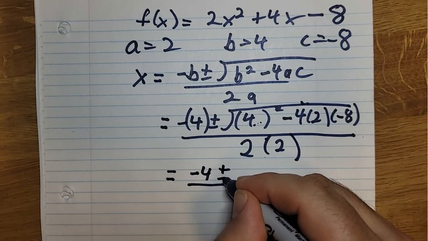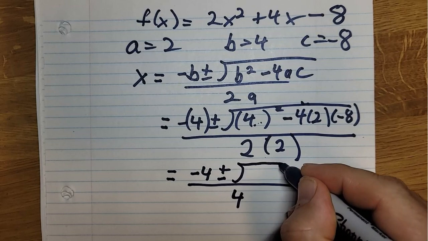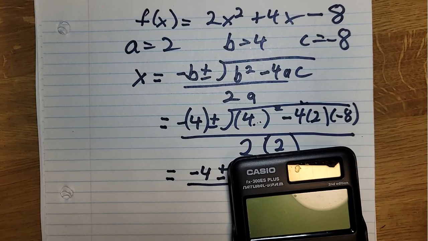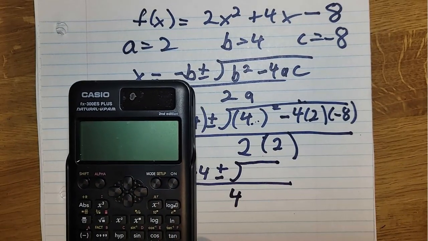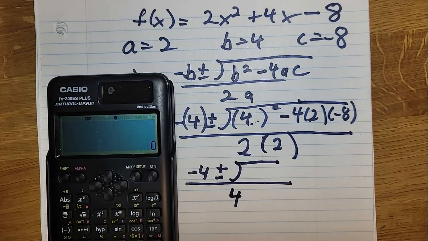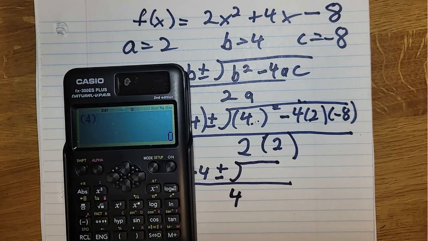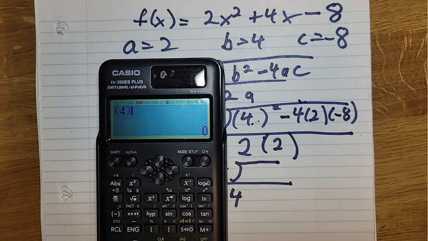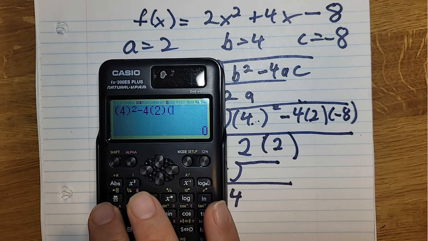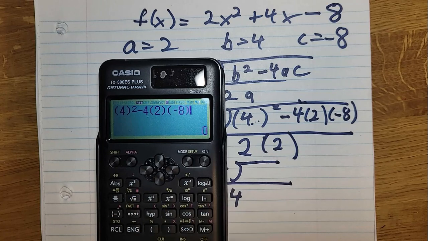The plus minus goes here, and I'm going to figure out what's in that square root. So I'm going to get my trusty handy-dandy calculator. Let's hope you guys can see it. I'm going to turn it on. I'll put in a bracket 4 squared, minus 4 bracket 2 bracket negative 8, close the bracket.